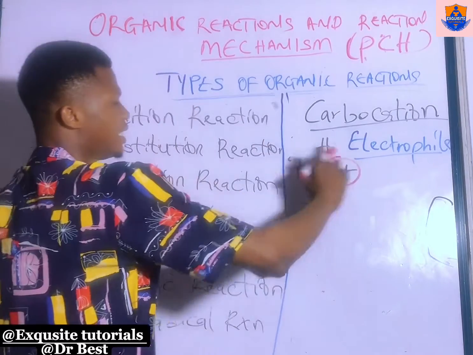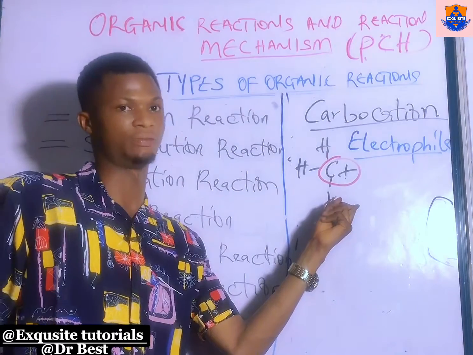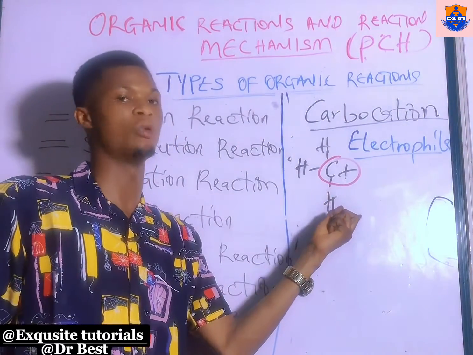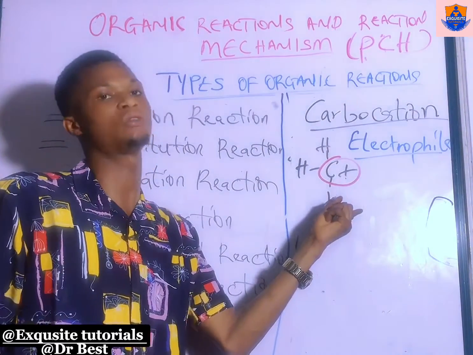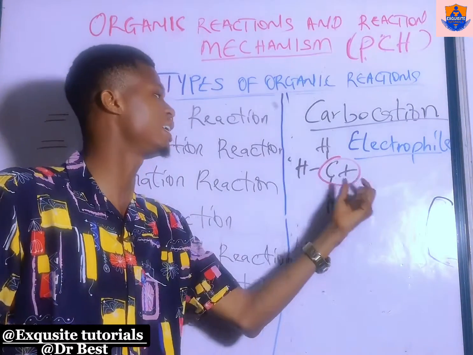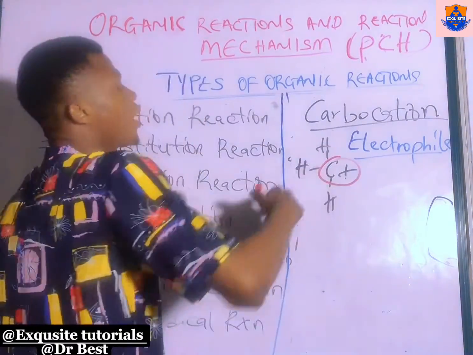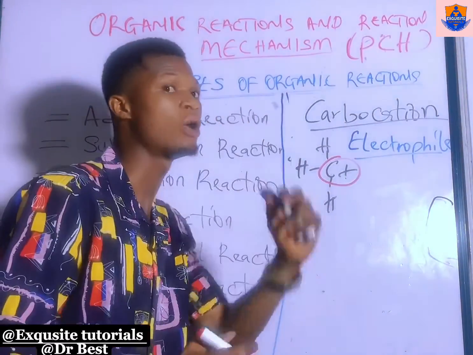This center is highly reactive because it is not stable. It needs a nucleophile, which has electrons, to bind to it to form a stable compound. So all carbocations are unstable.